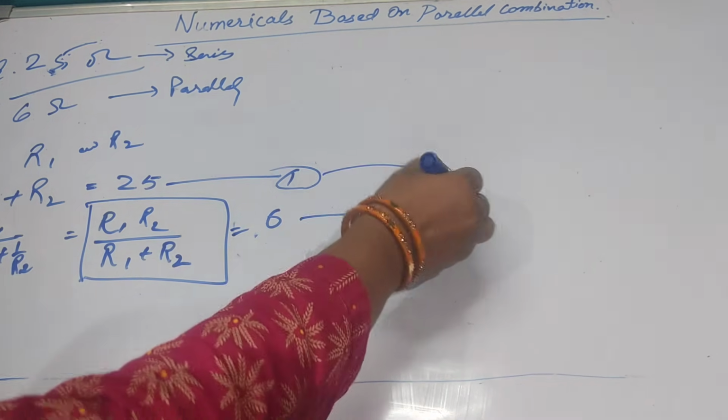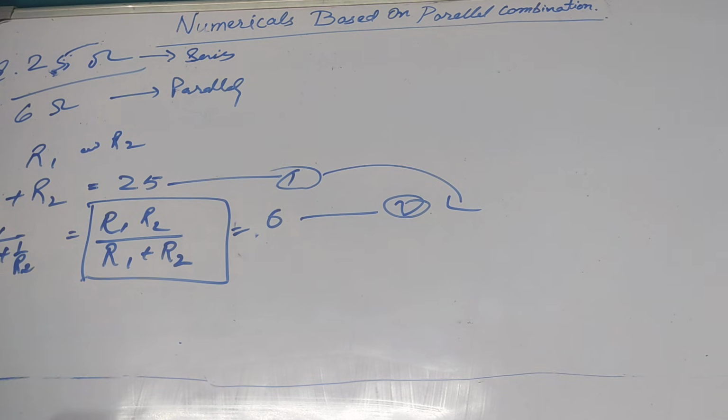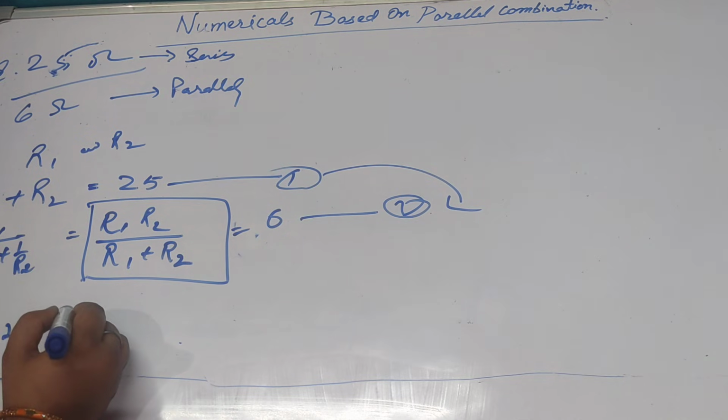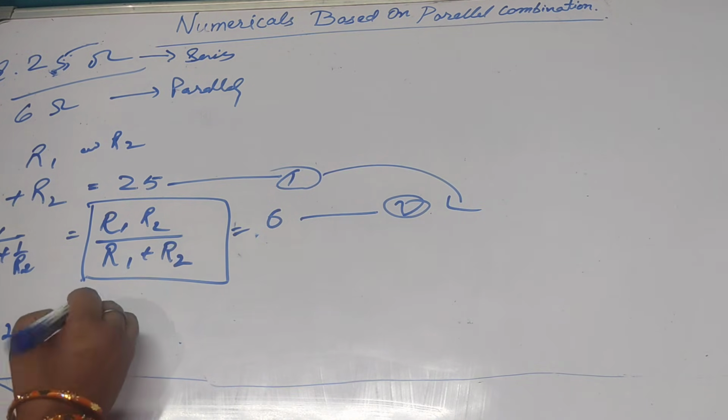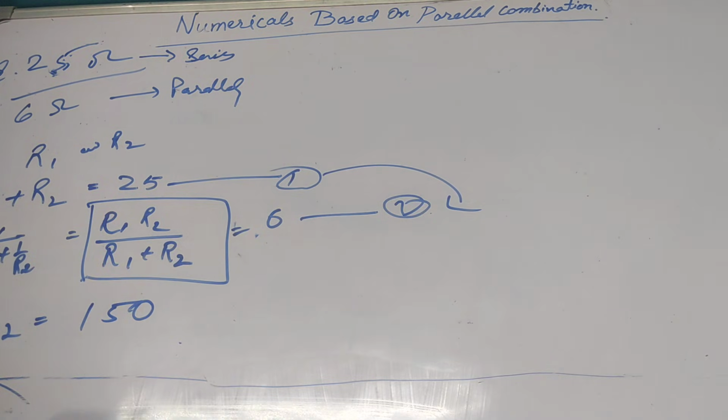Multiply equation 1 and 2. What we will get first, let me see. R1 R2 we will get here only 150.